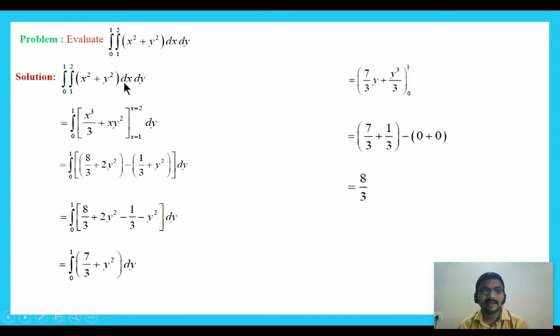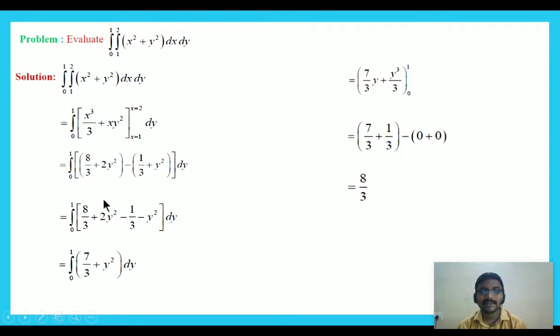So once again, integrate first with respect to x and then y. While integrating with respect to x, keep y as constant, y is fixed, and then apply integration with respect to x, substituting upper limit minus lower limit.